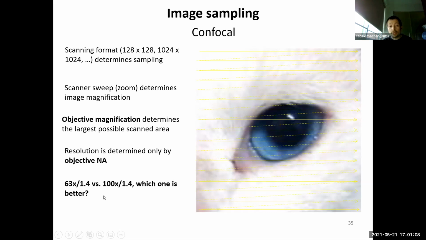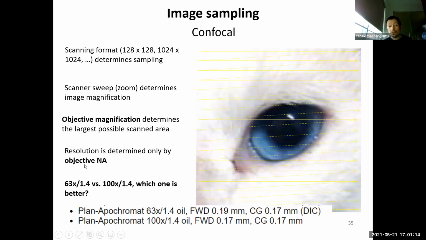So that again makes the 63 times a better choice. So if I have a choice of such two objectives, definitely always choose this one. You can see it even has a longer working distance.